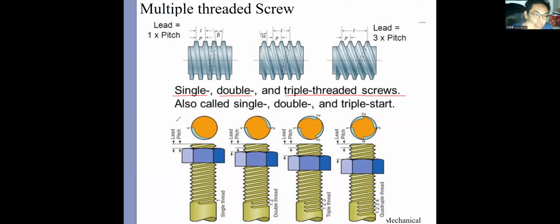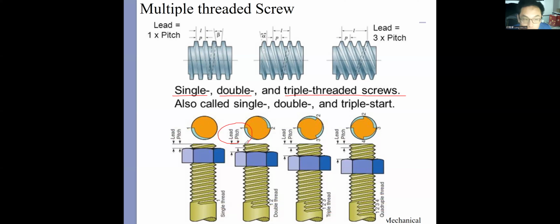Okay, and for this double thread, when the nut rotates one turn, one lead equals 2 pitches, and so on.